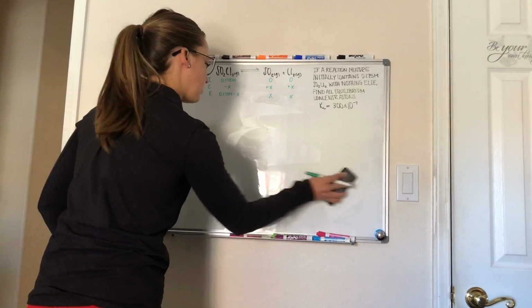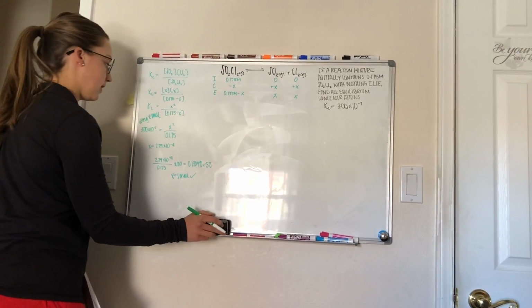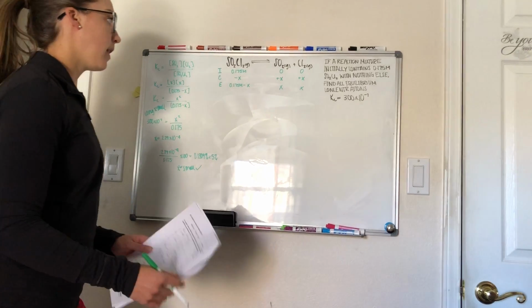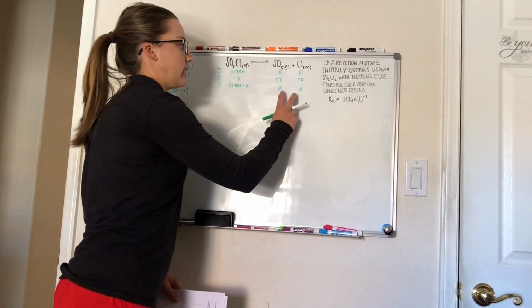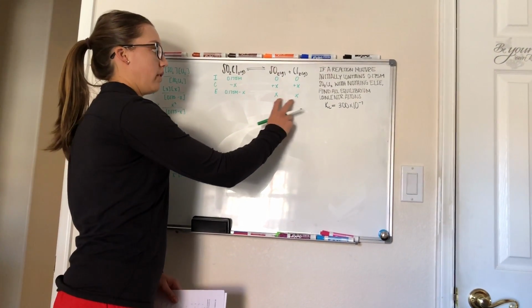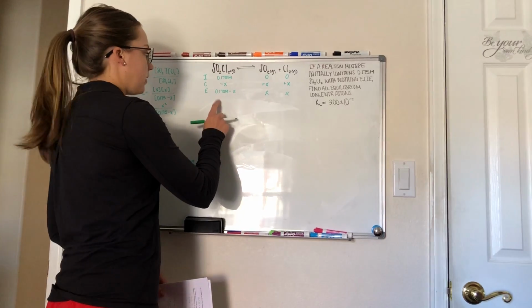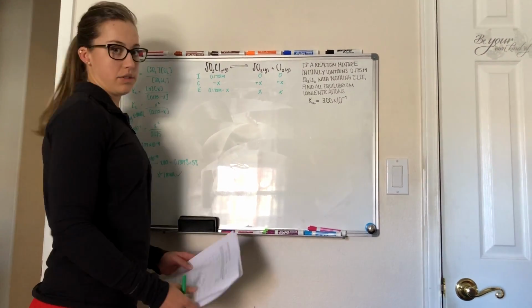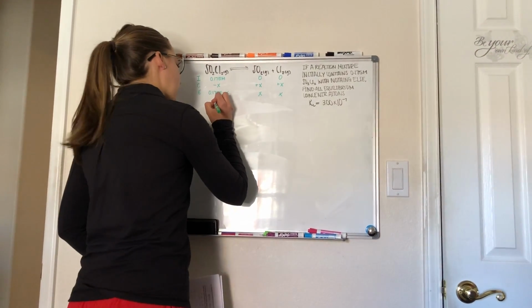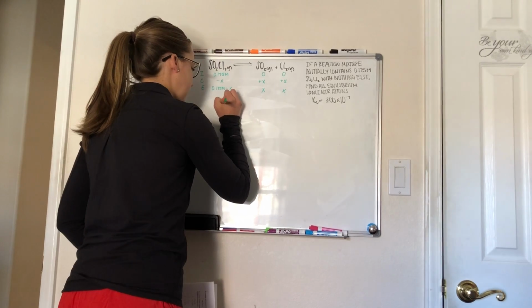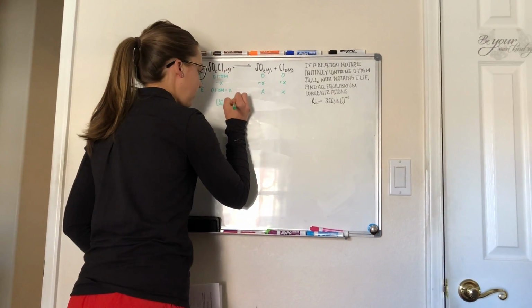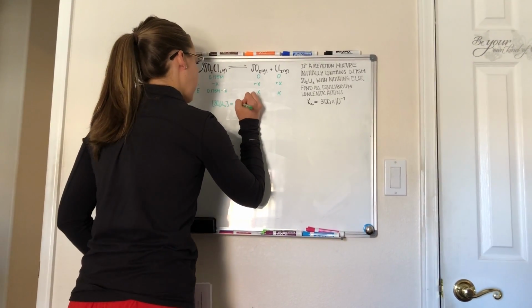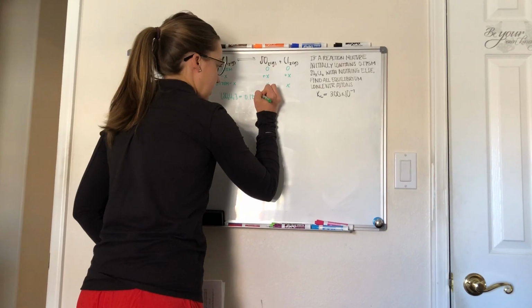So now, just because we have x doesn't mean we're necessarily done. In this instance, x is going to give us the equilibrium concentrations of both of these product species, but we also need to figure out what the equilibrium concentration of SO2Cl2 is. So to do that, we can say concentration of SO2Cl2 is equal to 0.175 minus x.